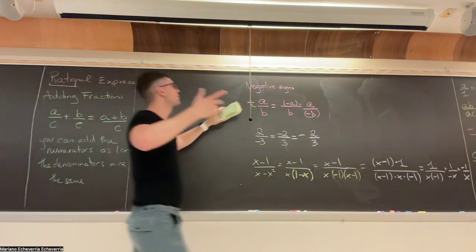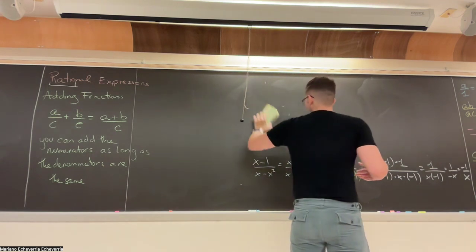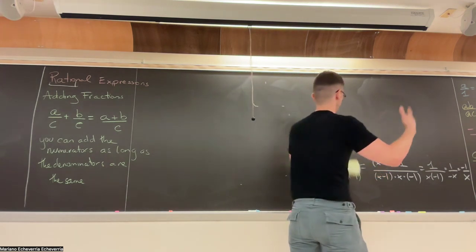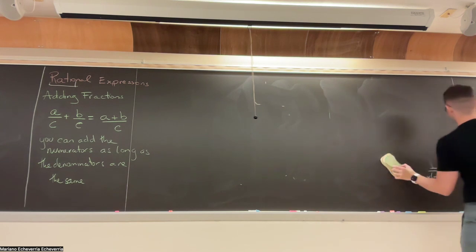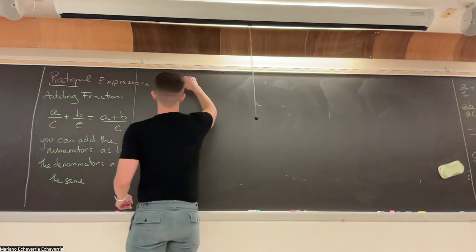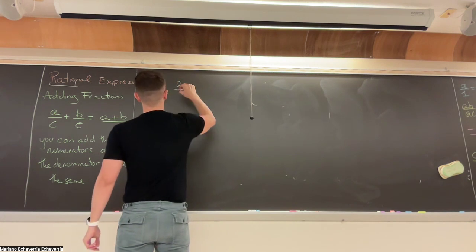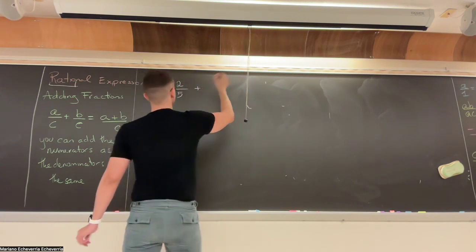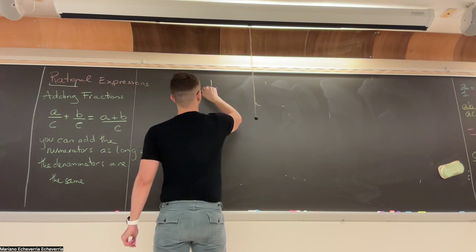One way to convince yourself of a formula of that sort is by thinking about it in a couple of small cases. Imagine I'm giving you something like 2/5 plus 1/5.